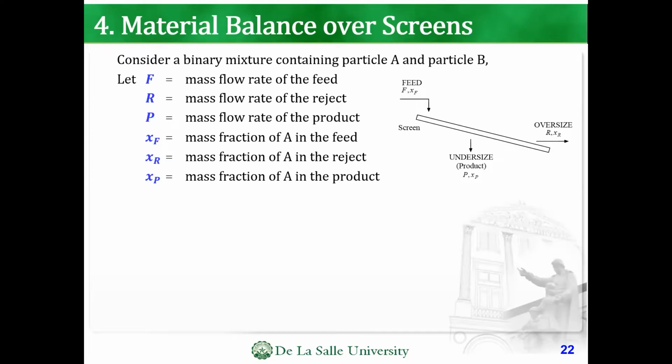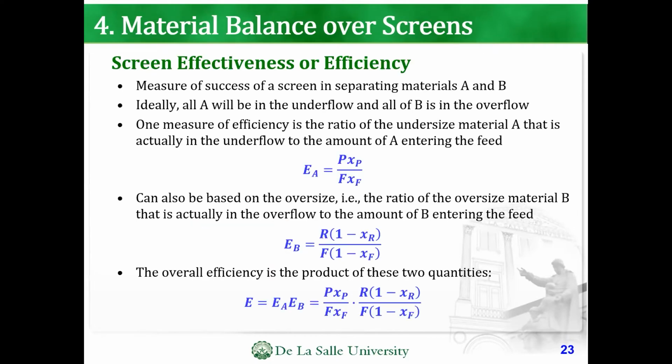So for the overall material balance, F is equal to P plus R. And then, of course, if we want component balances, it's going to be F XF is equal to P XP plus R XR. I hope there are no problems in here.